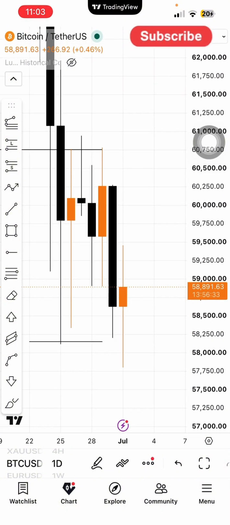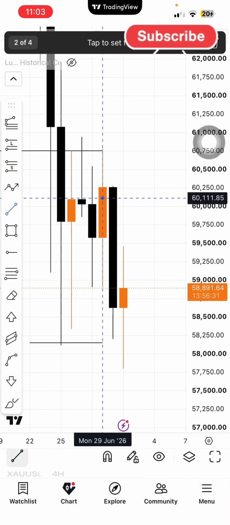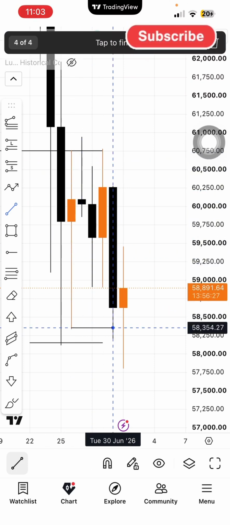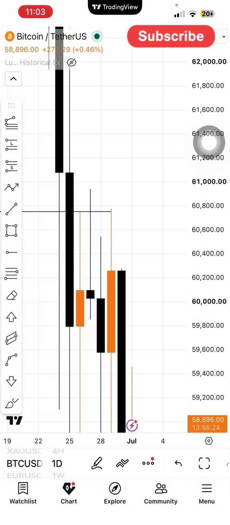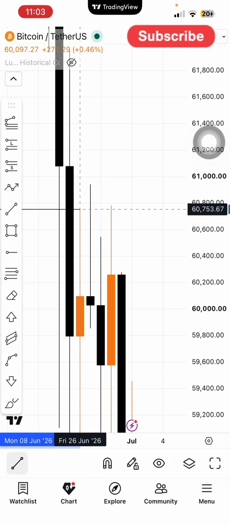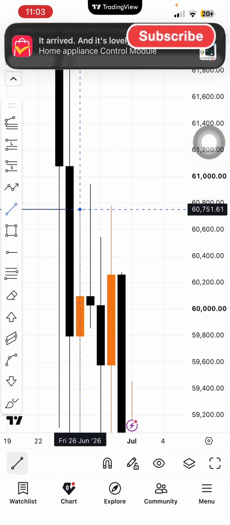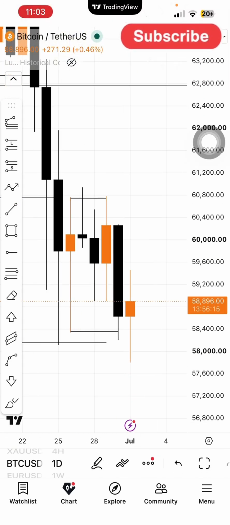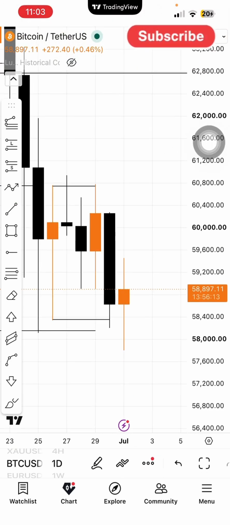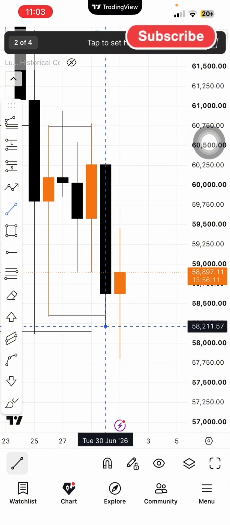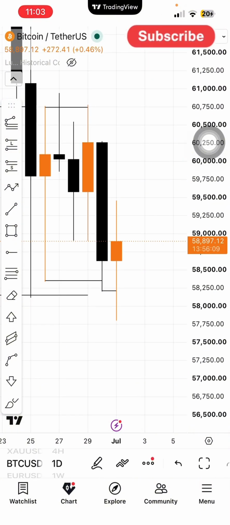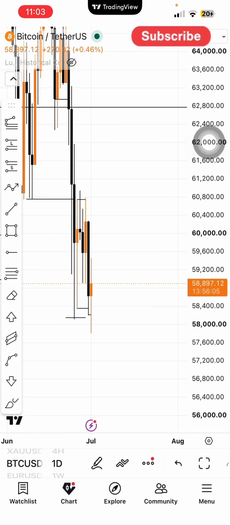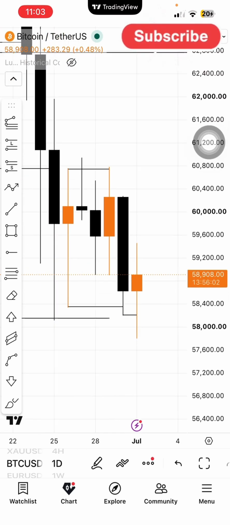Then for the daily candlestick, we can see that this candle range here is already completed. Now, what we have here is a sweep. The day is still early, so we might need to wait for this daily candle to complete so we can know if we are buying or not.